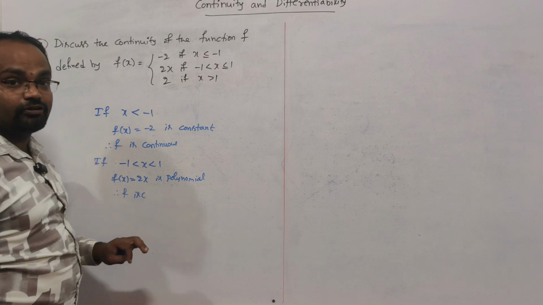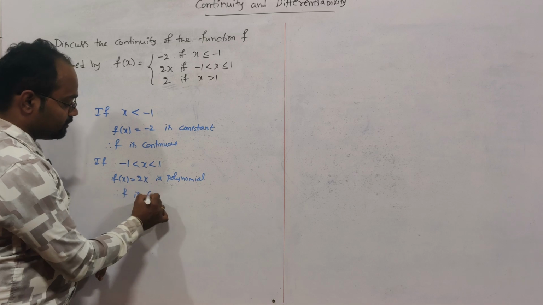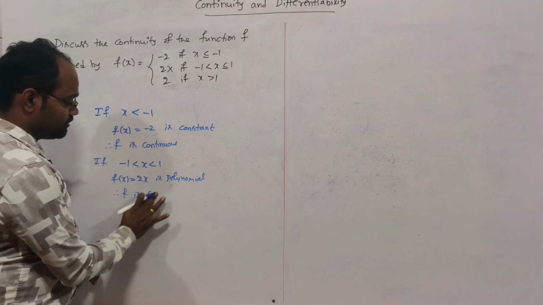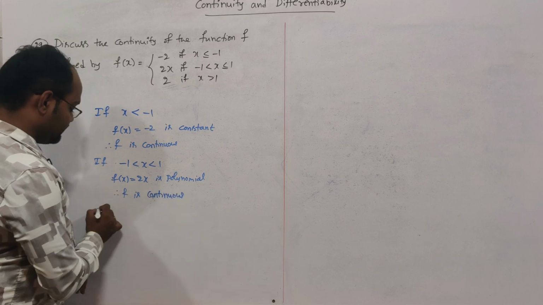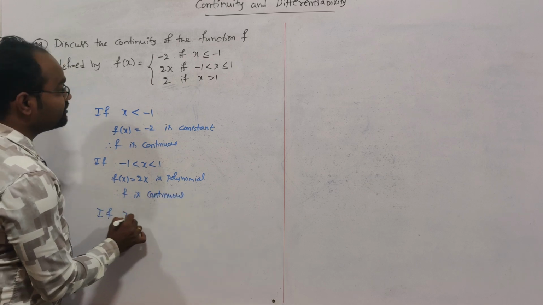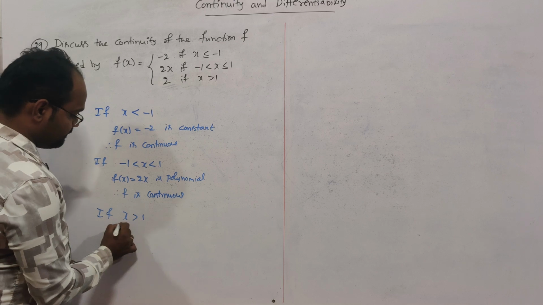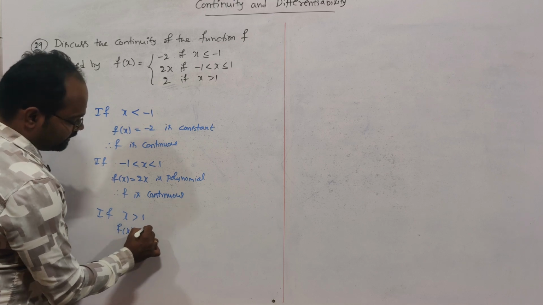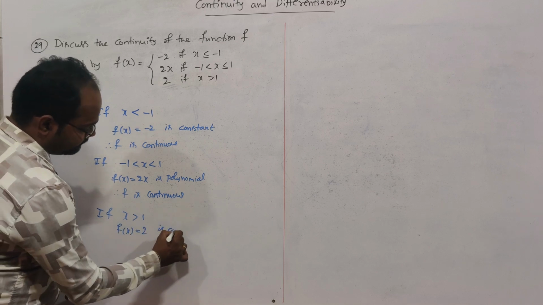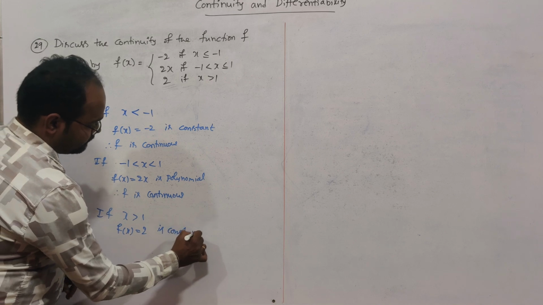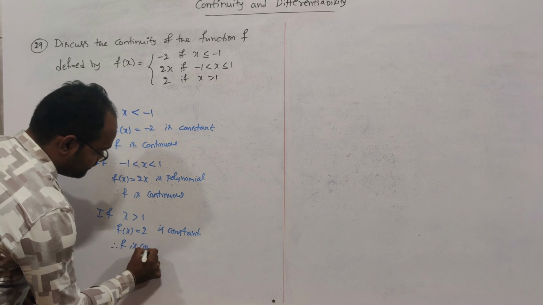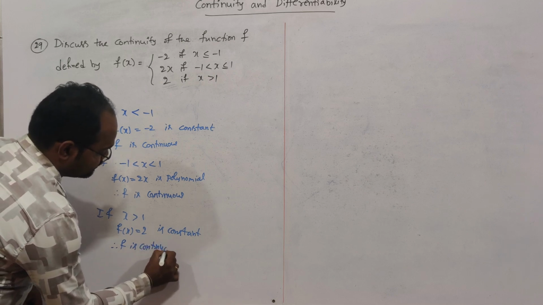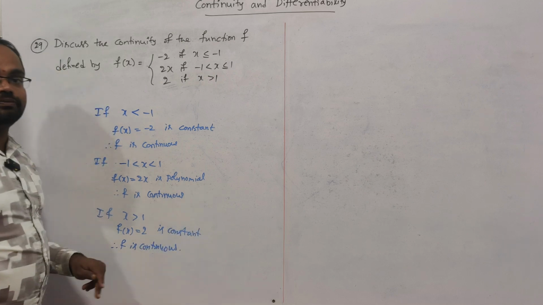We know that every polynomial is continuous, therefore for this also it is continuous. If x is greater than +1, f of x is 2, again it is constant. So therefore f is continuous.